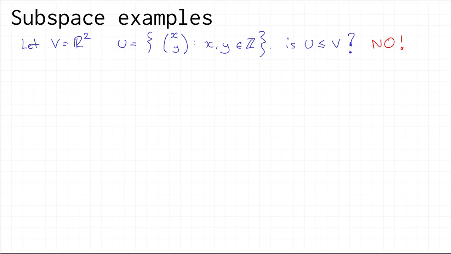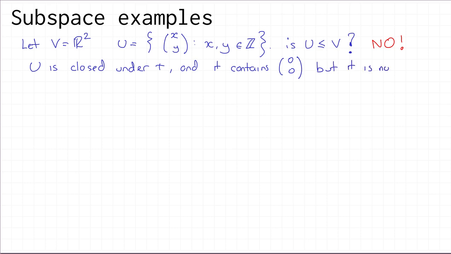So if you add two elements of U, the result is another element of U. So U is closed under addition, and it contains the zero vector 0, 0, but it is not closed under scalar multiplication.